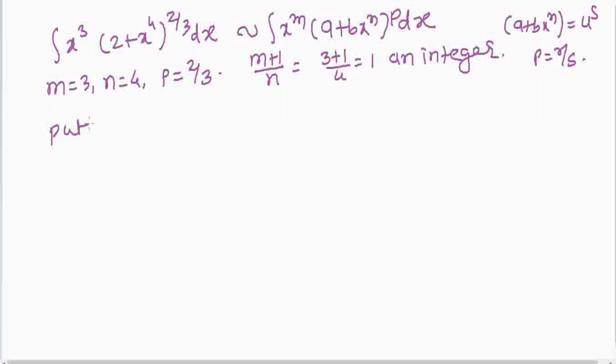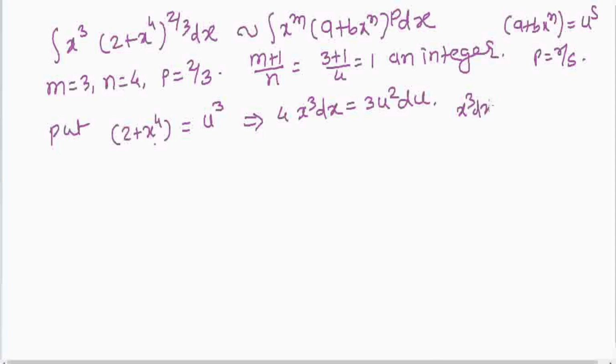Hence we put here 2 plus x raised to 4 equal to u cube, and then you can see that 4x cube into dx is equal to 3u square into du, or x cube into dx equal to 3 divided by 4 u square into du.